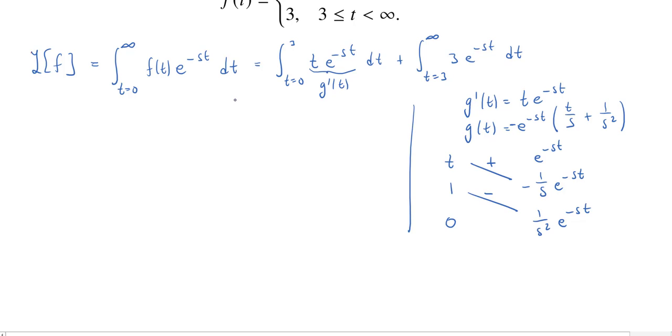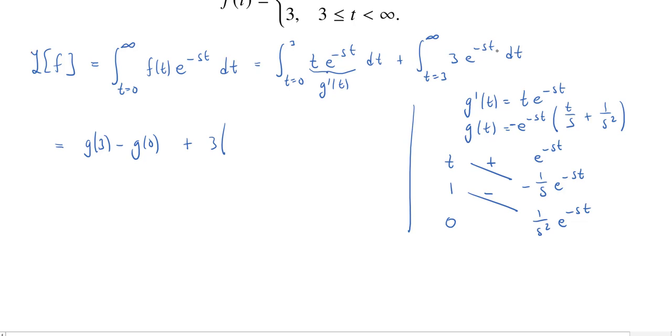And so I'm going to be able to compute this integral. So let's head over here by evaluating g at both 3 and 0, and then finding the difference. So I'll need g of 3 minus g of 0. Okay, plus, now I'm going to need this second integral, and an antiderivative, well, okay, the 3 just gets pulled out.